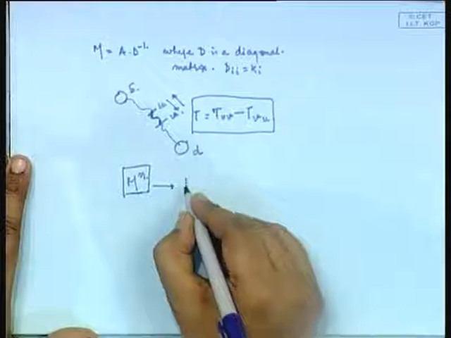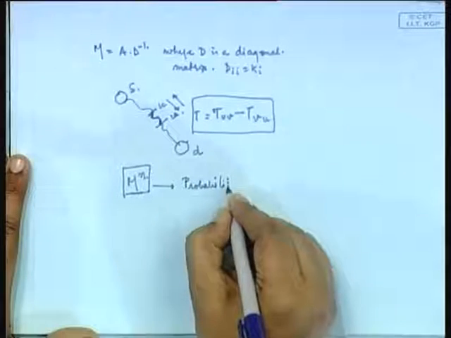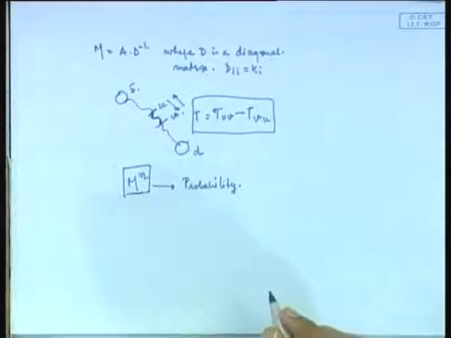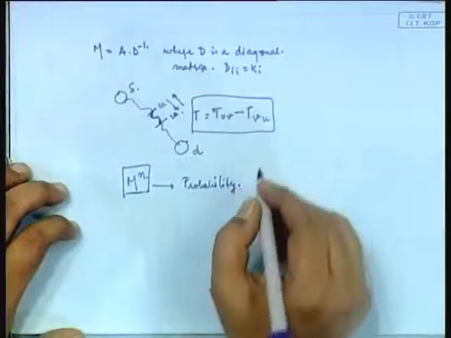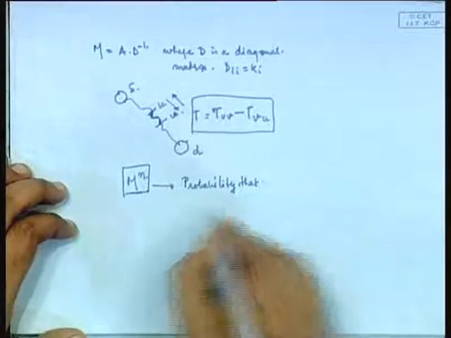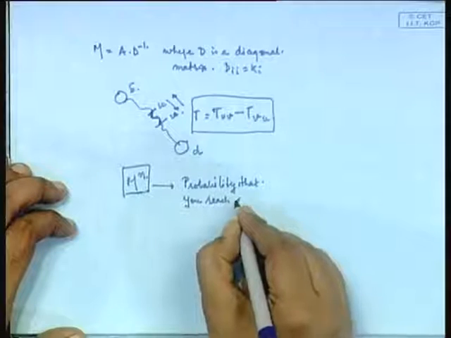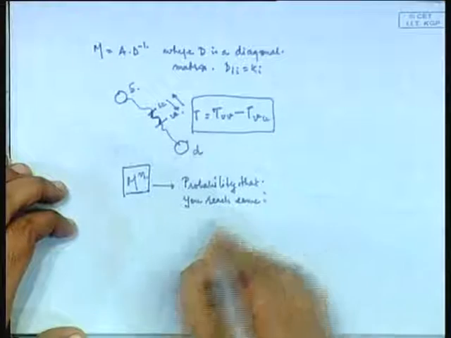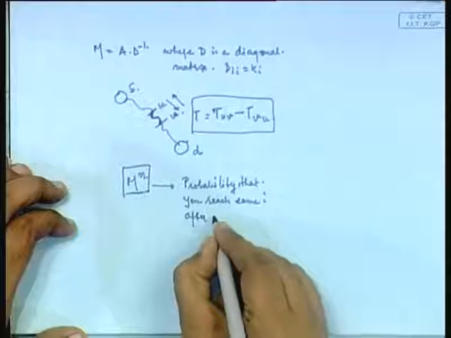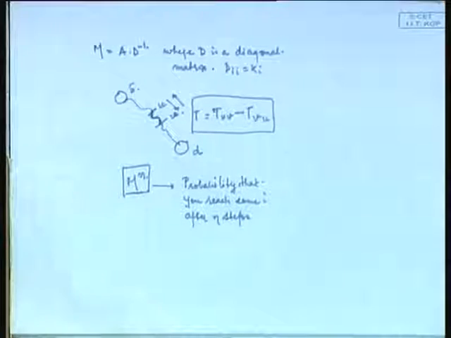Yeah, it again will show the probability that you reach some i after n steps. So, this is clear.